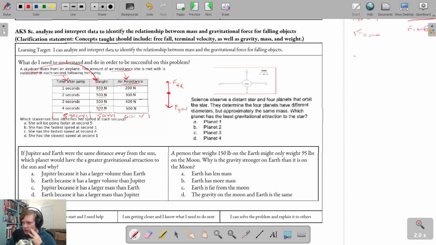We know that acceleration is our change in velocity over time. The smaller your acceleration, the smaller your change in velocity. The larger acceleration, the larger change in your velocity. So when we're looking at changing velocity, whether you're going faster or slower, we really need to look at acceleration because that deals with the change.